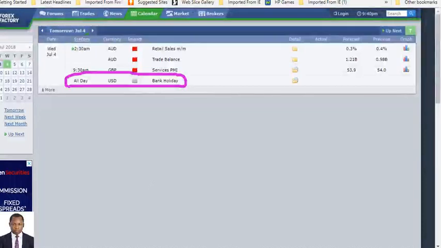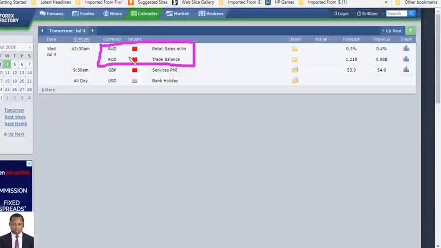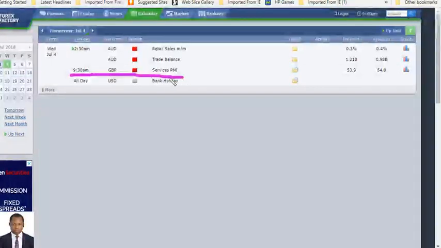Okay, aside from that, we have an early news announcement coming from Australia. That's a high impact news announcement that should equally shake the Australian dollar crosses. And the last one is the services PMI, a high impact news announcement coming from sterling pounds.